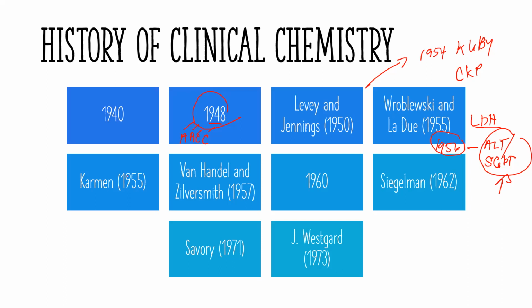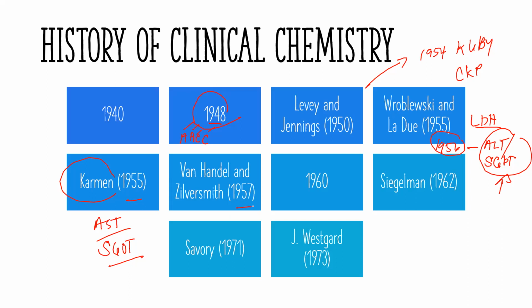Also in the year 1955, Karmen developed the method for AST, formerly known as SGOT.